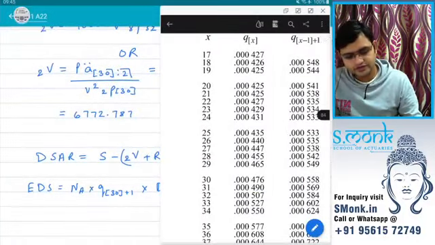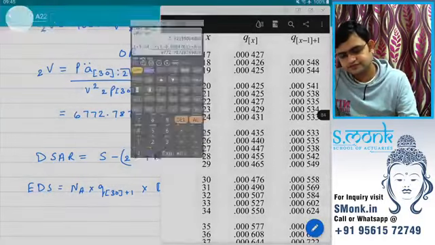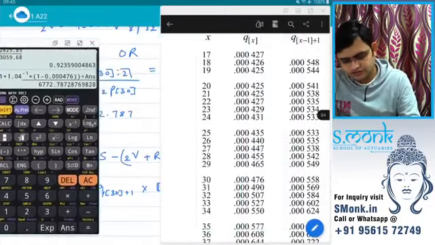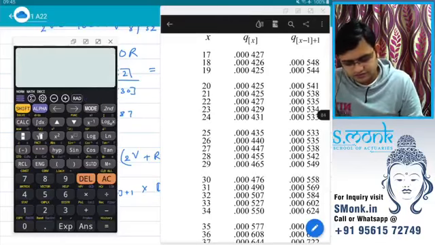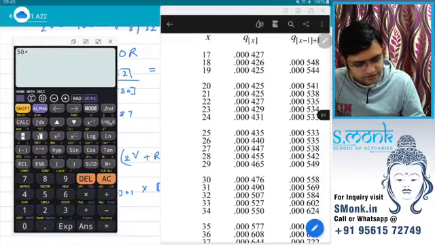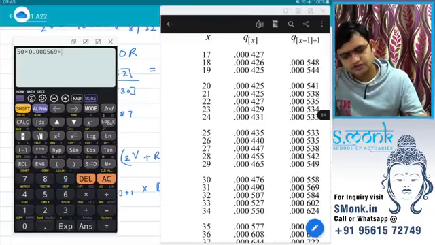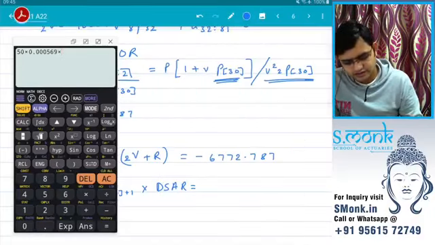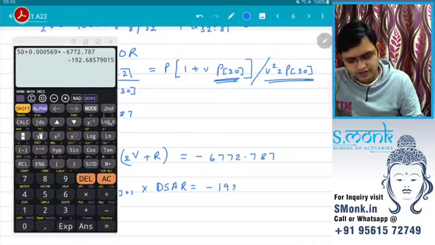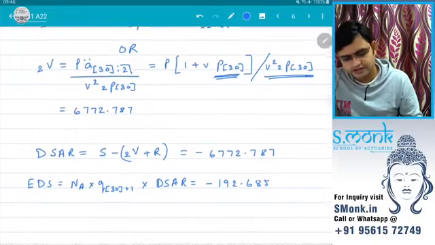So we are already at Q tables. Select 30 plus 1 is 0.000569 into DSAR, so into minus 6772.787, so minus 192.685 is the expected death strain.